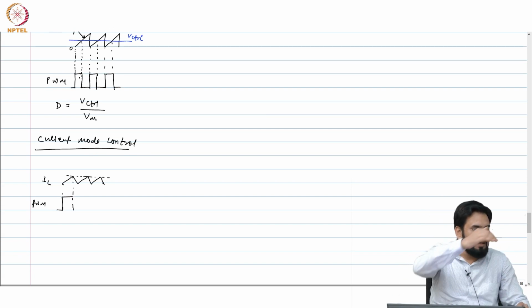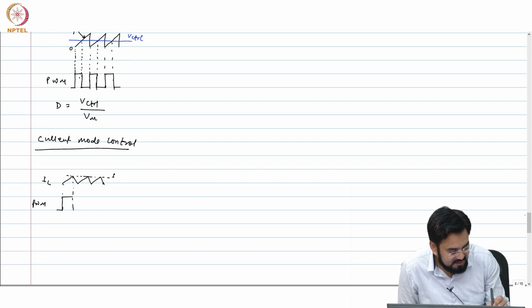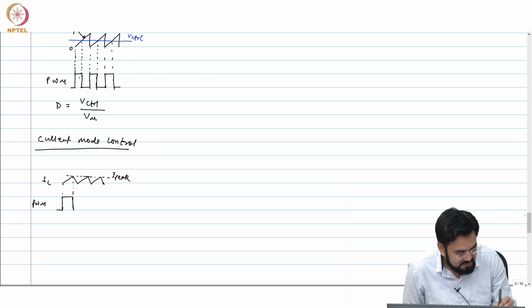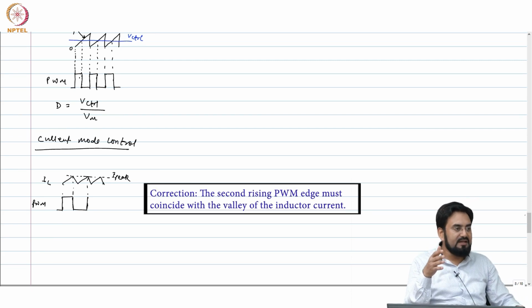When PWM is high, inductor current will rise, and when it reaches a certain peak, let us say I peak, you reset the duty cycle. So you are looking at the inductor current information rather than the voltage information.